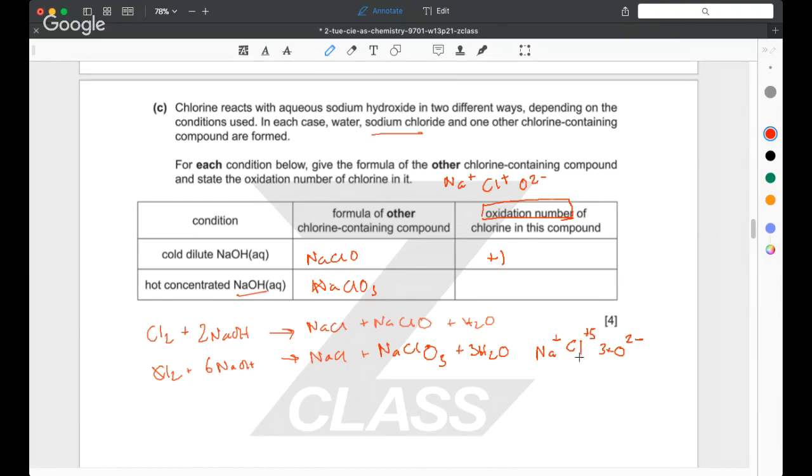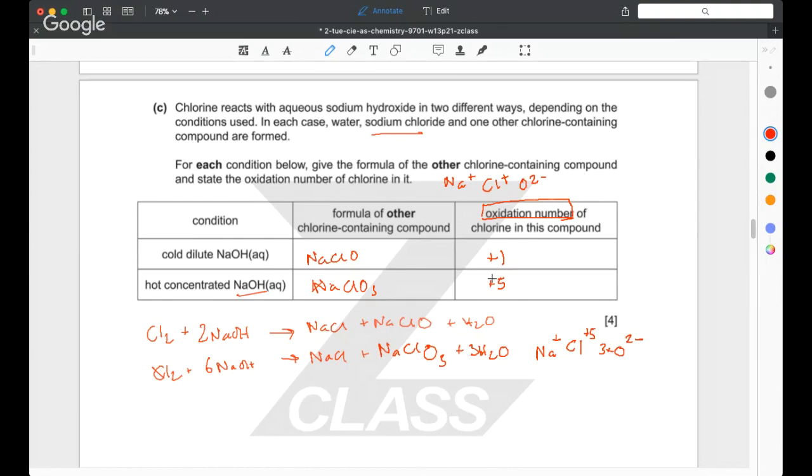A chlorine +5 ion doesn't exist. We're just using this oxidation number technique to figure out the oxidation number of the chlorine. I've written the plus first, so I'm communicating that the chlorine +5 ion doesn't really exist. It's just a technique that we're using to follow redox reactions.